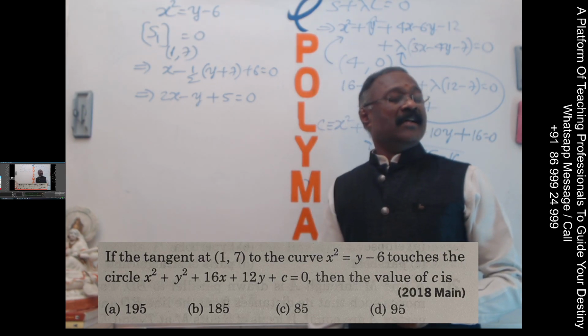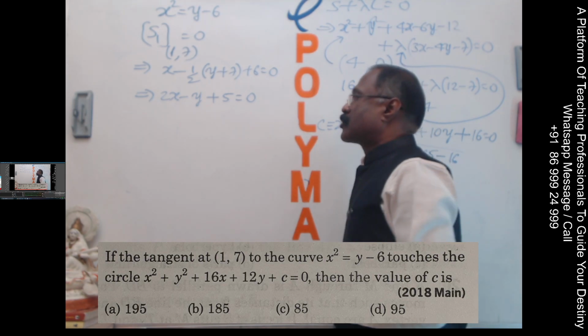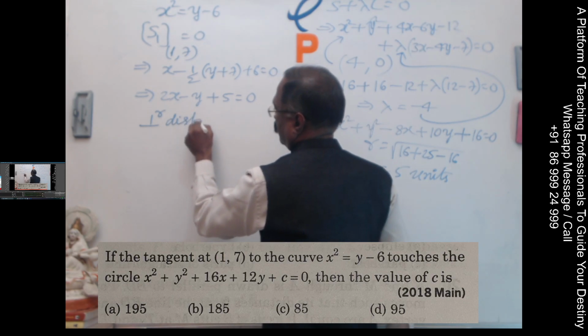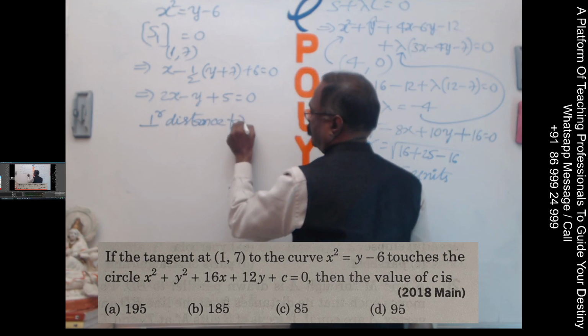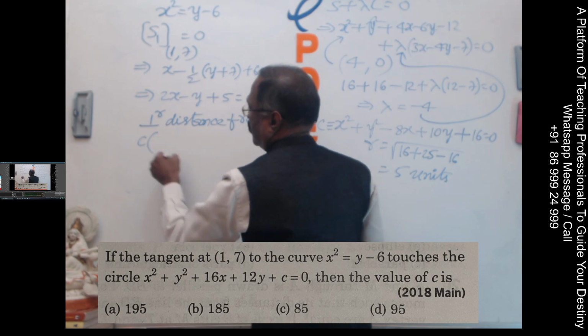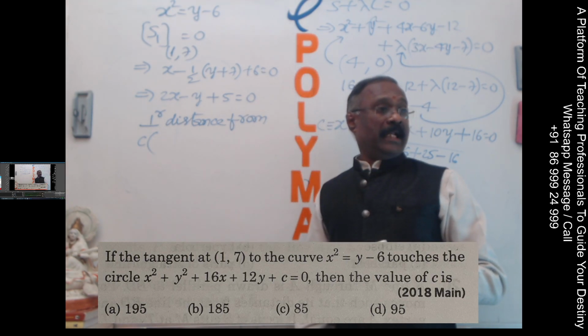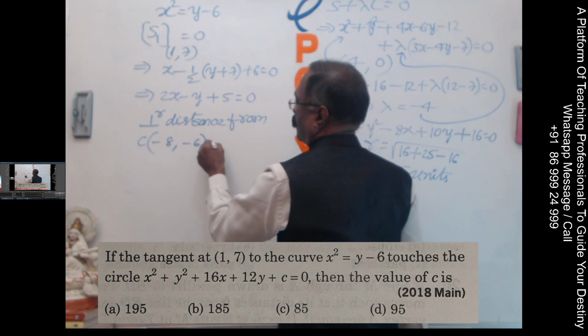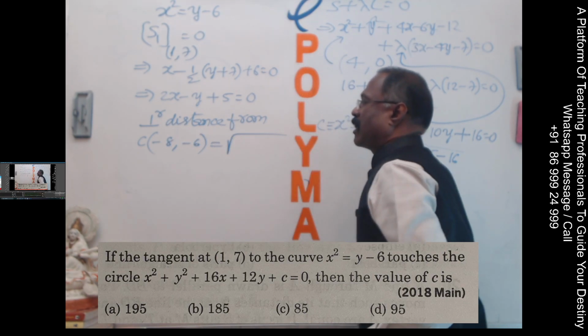And it is given that the tangent is touching the circle. So the perpendicular distance from the center (minus 8, minus 6) is equal to the radius. What is the radius here?